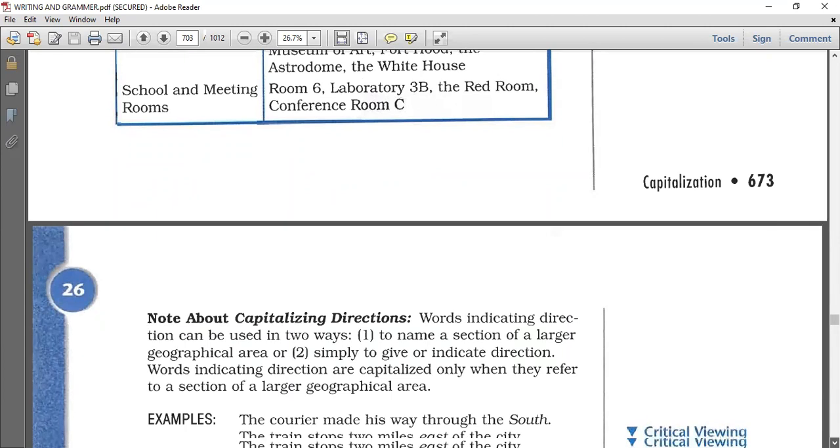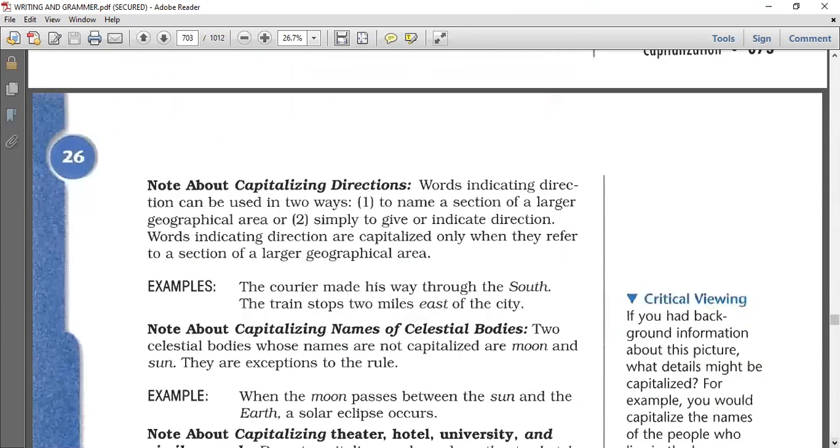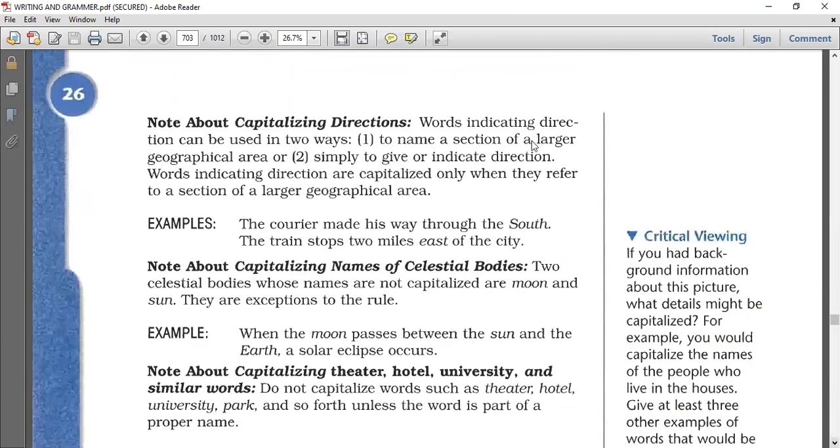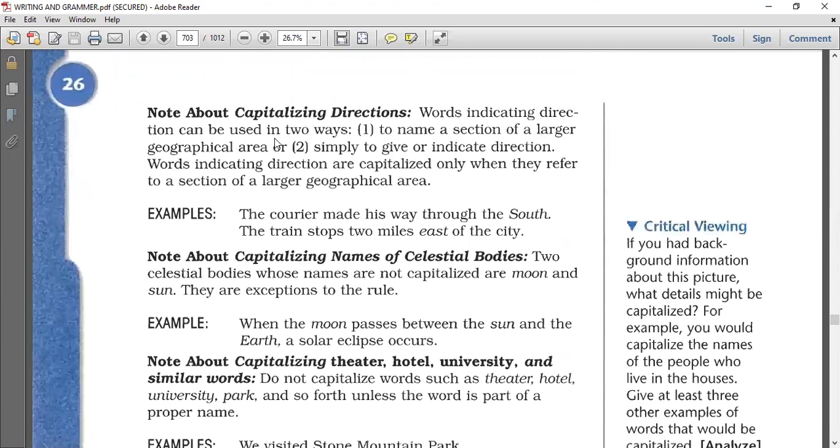Note about capitalization directions. Words indicating direction can be used in two ways: to name a section of a larger geographical area, or simply to give or indicate direction. Words indicating direction are capitalized only when they refer to a section of a larger geographical area. Look at the example.